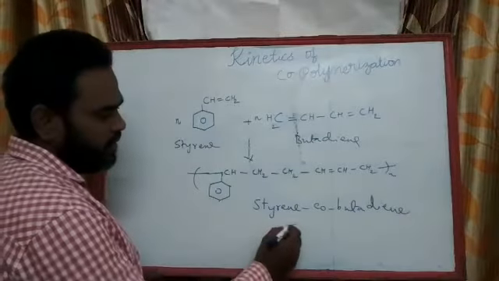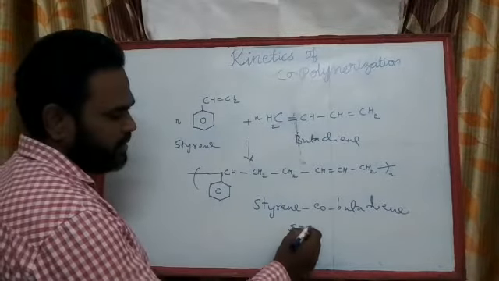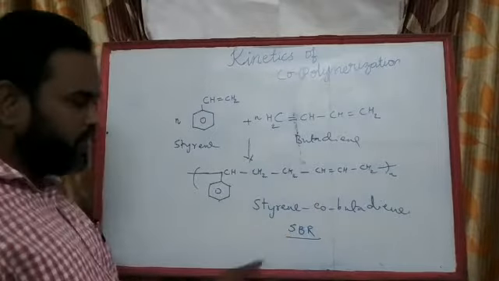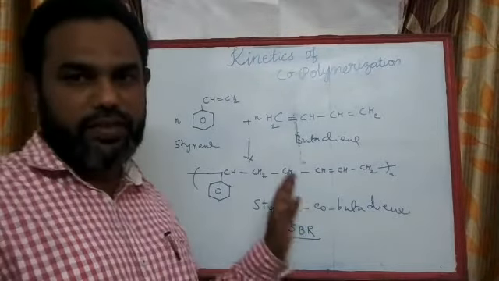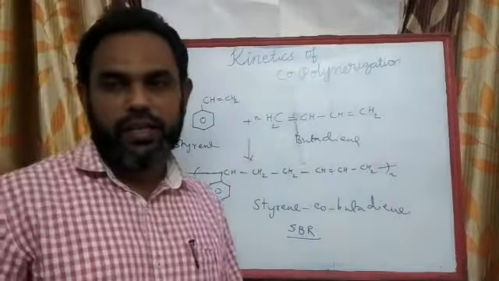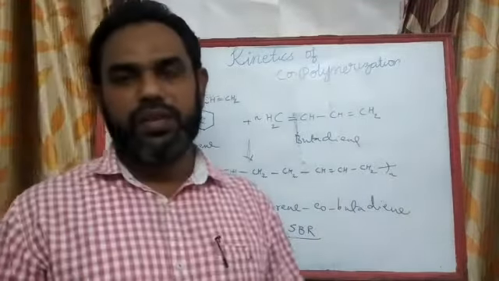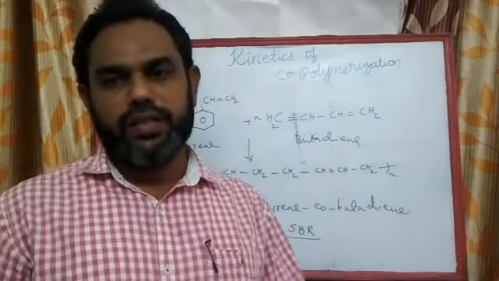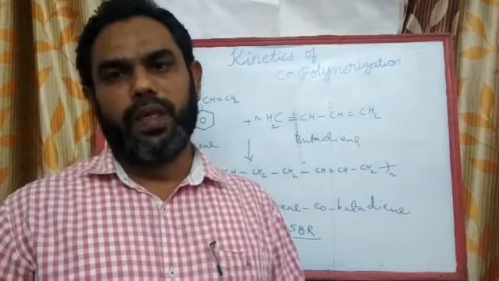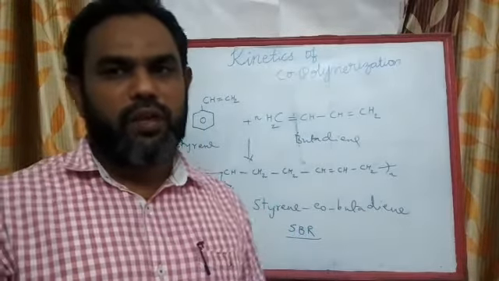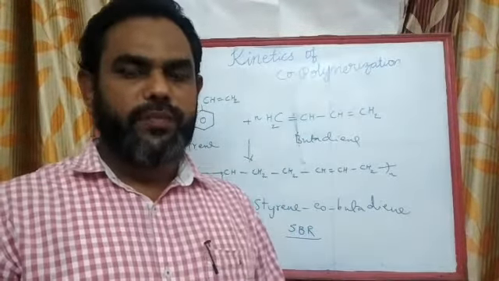This can otherwise be called SBR, styrene butadiene rubber. This is the very first synthesized artificial synthetic copolymer, which has enormous use in industry.